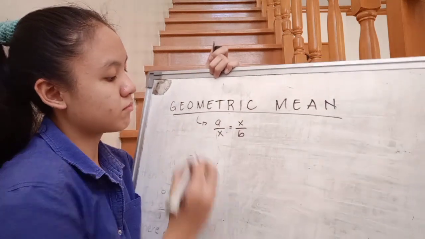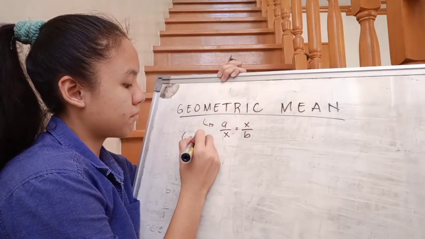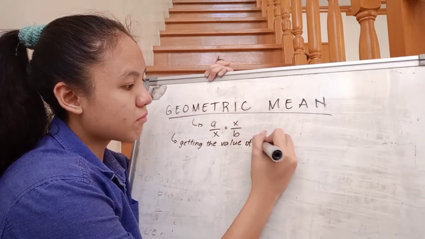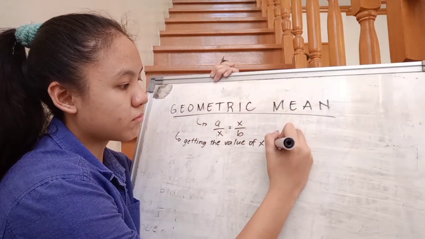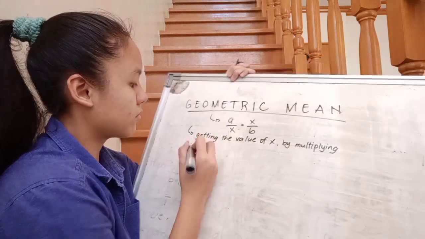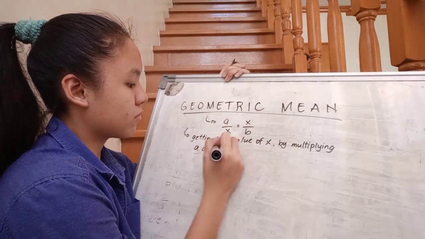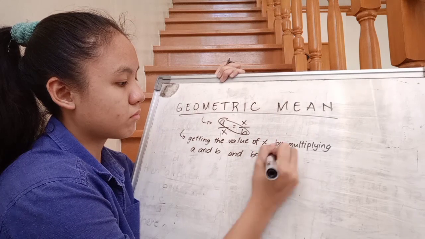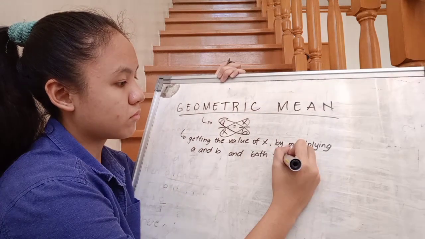A over x is equal to x over b. Geometric mean, getting the value of x by multiplying a and b and both x.